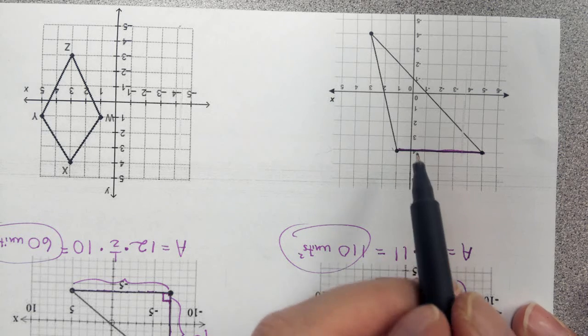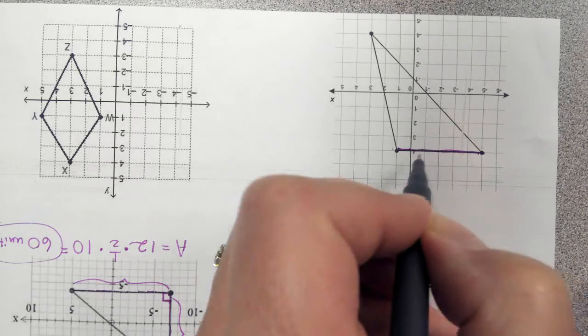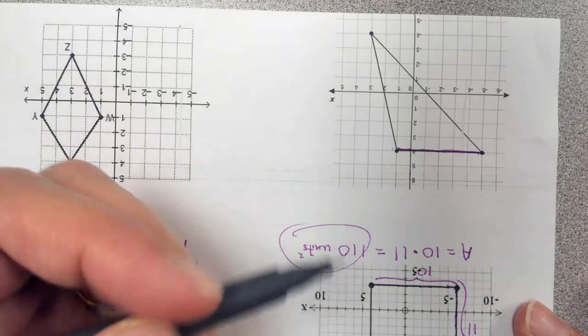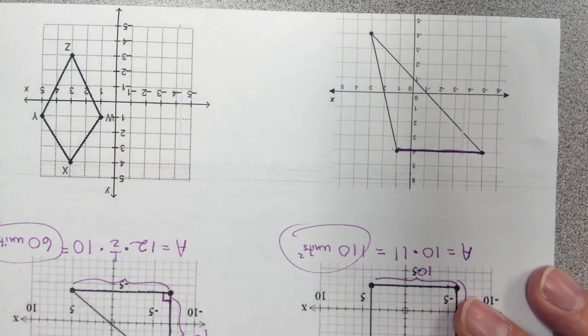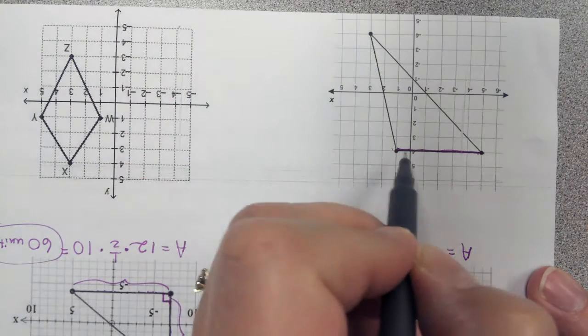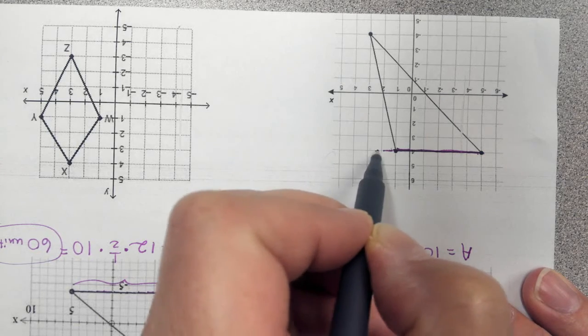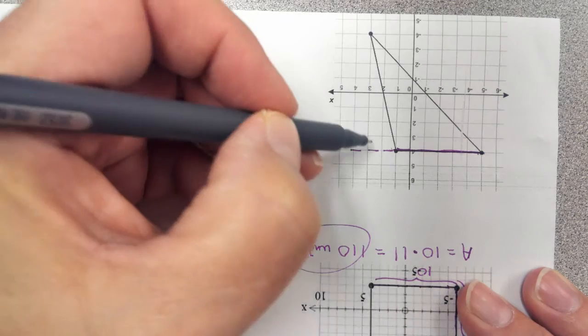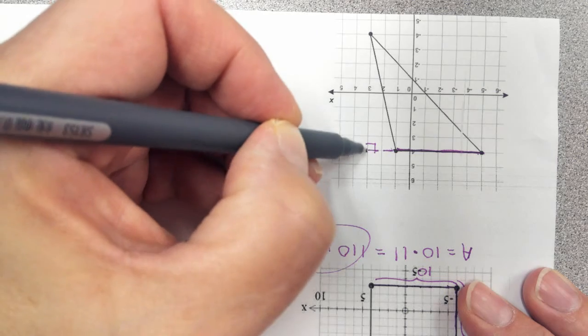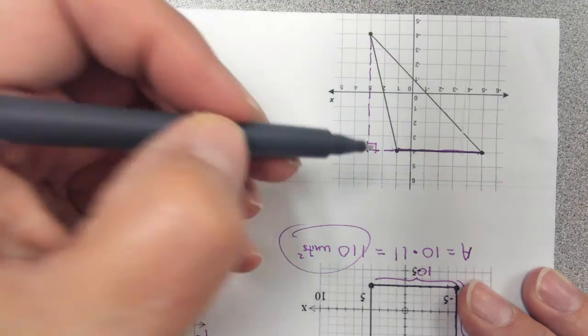So I'm going to turn it up this way and count across 1, 2, 3, 4, 5, 6. So that one has a length of 6, and then the height has to make a right angle with it, and that's the tricky thing here. So I'm going to extend this over and then go right angle straight up to the opposite vertex.